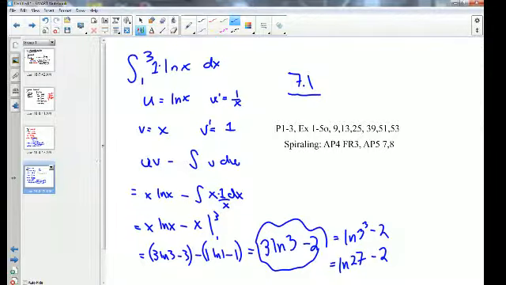Tomorrow we'll start improper integrals, but I'll give you until Wednesday, because we'll do it Tuesday as well.